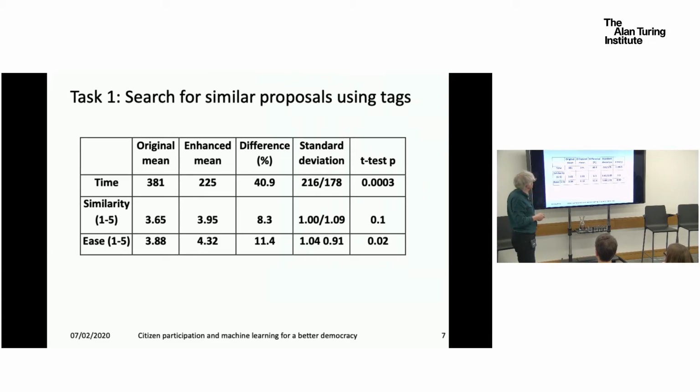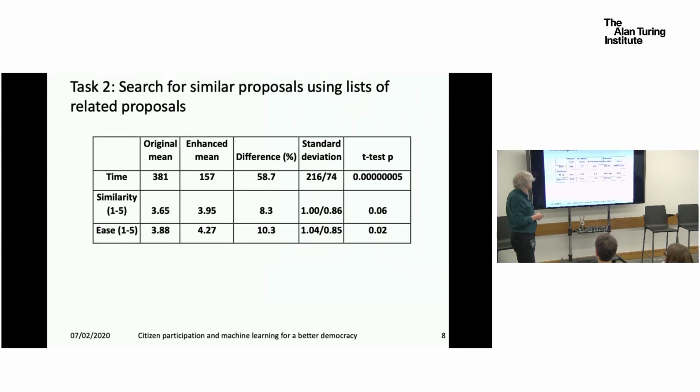Moving on to task 2, search for similar proposals using lists of related proposals. Again, we measure the time taken, the average values in the two conditions. A very big difference between the means in the two conditions, a difference of nearly 60%.